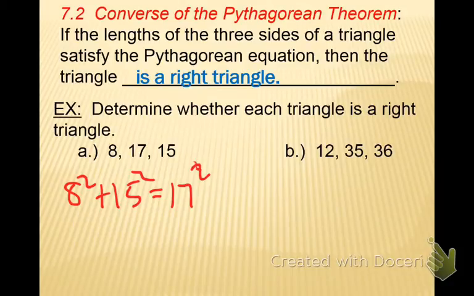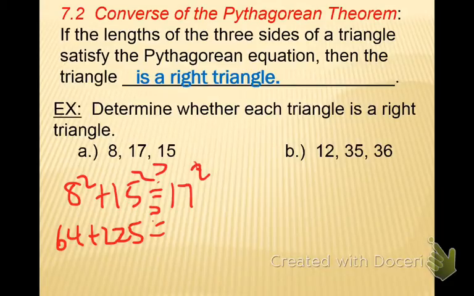So then we've got 64 plus 225 equals, what's 17 squared? So this is a question mark. We don't know if they're equal. If you don't know something's equal, you're testing it. Put a question mark. So 64 plus 225 equals what is well, let's see, what is 17 squared?